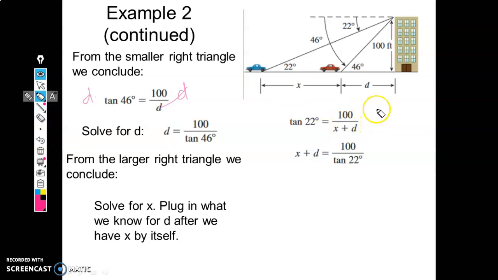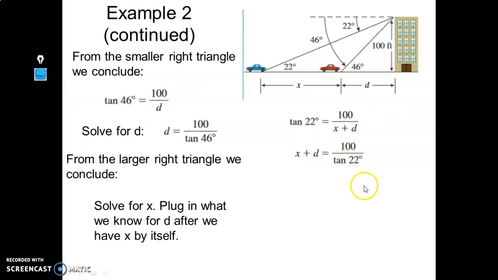We're going to multiply both sides by x plus d. It's kind of like cross multiplying, to be honest. If you do it in two steps, you multiply both sides by x plus d, and then you divide both sides by tangent of 22. So we know x plus d equals 100 over tangent of 22.